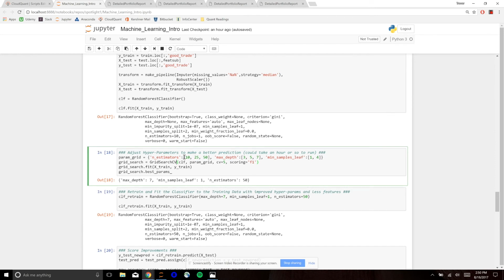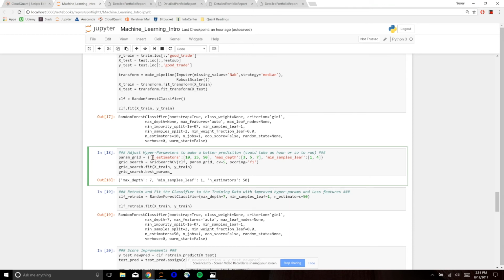So here we've got 3 possibilities for the n_estimators field, 3 possibilities for the max_depth field, and 2 possibilities for the min_samples_leaf field. So that's going to be about 54 different possible combinations that it's going to try.